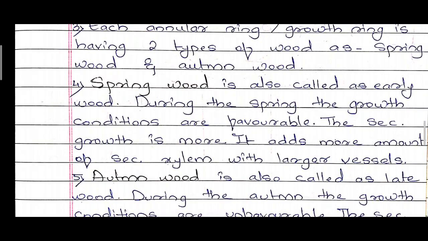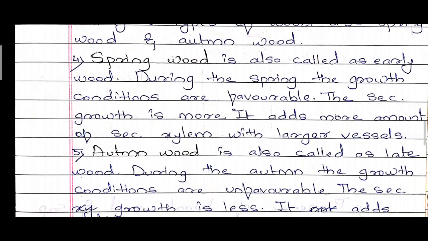In that period more secondary growth is observed, so more secondary xylem and larger vessels are added. So the growth will be more in the spring season. What is the period of spring season? That is March, April and May. In that period the springwood growth will be observed in the dicot plants.